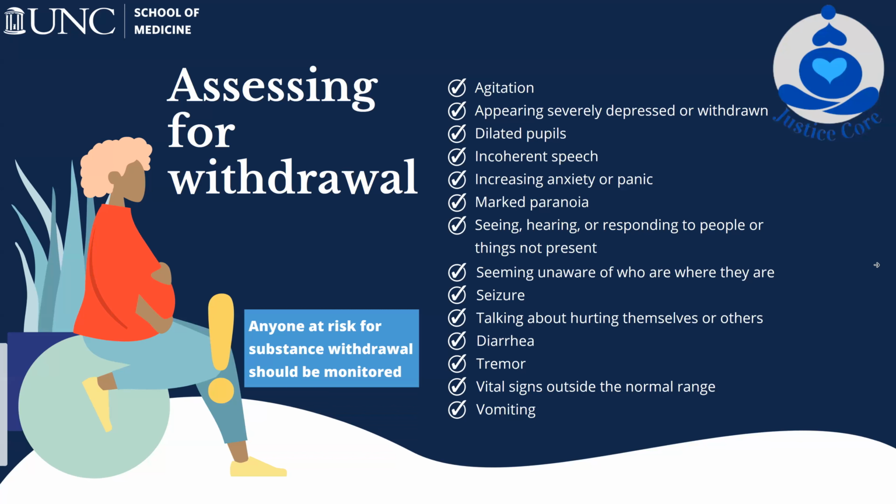Also, someone experiencing withdrawal may seem unaware of who they are and out of touch with reality. Also, seizures, talking about harming themselves or others, diarrhea, tremors, as well as having vital signs outside of the normal range, as well as vomiting.